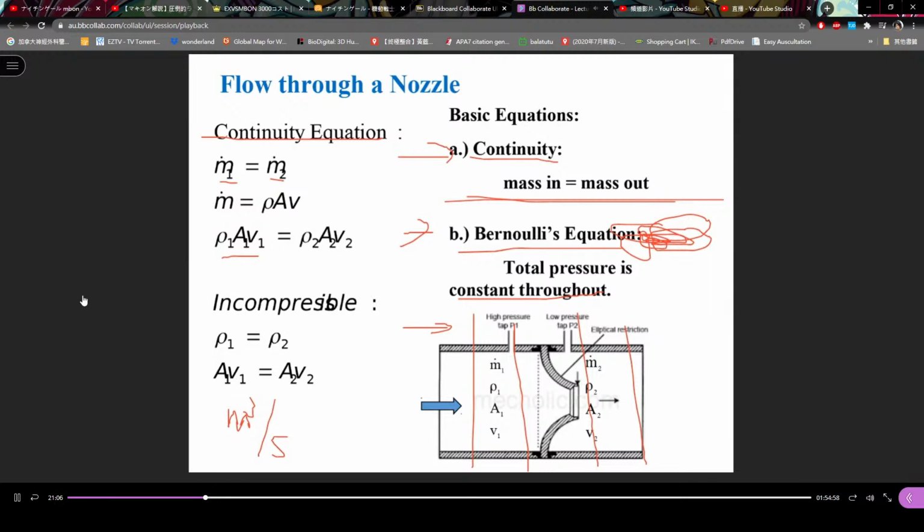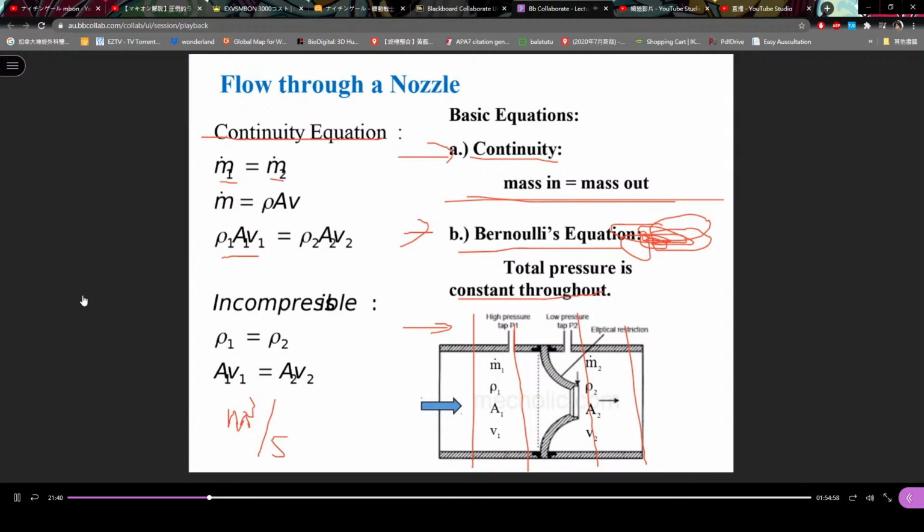Otherwise, the velocity and the flow rate change with time. But for building service engineering systems, usually the flow rate is constant. The mass flow rate is also constant, of course, because mass cannot be destroyed or created, as mass conservation. Energy is the same: by the first law of thermodynamics, energy cannot be destroyed or created. So that's why we have Bernoulli's equation, the energy equation.